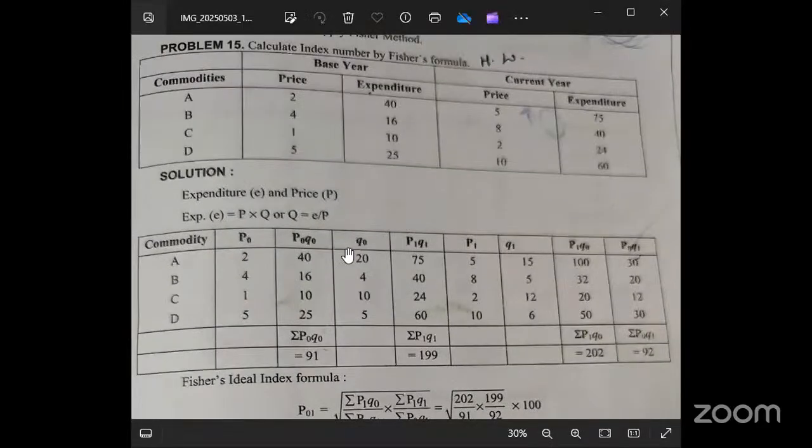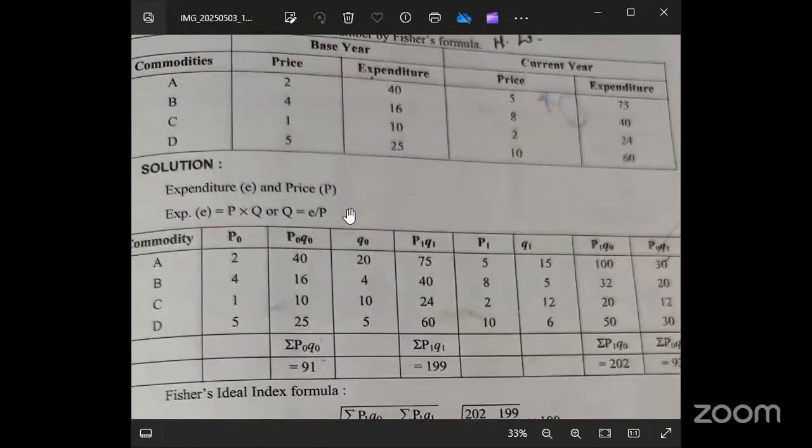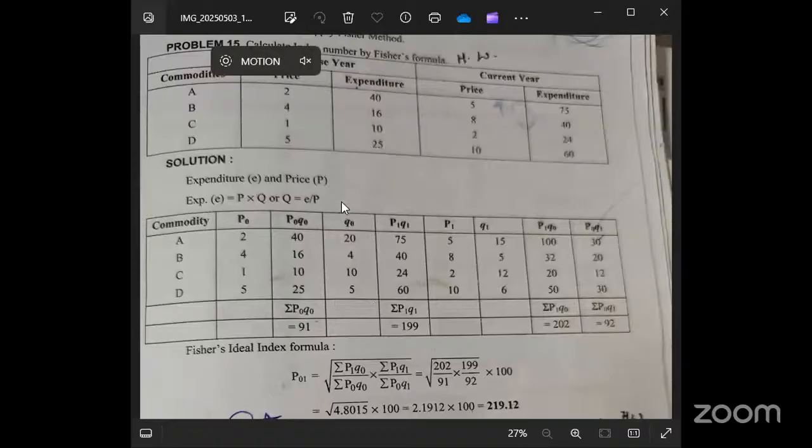So what is the problem here? Here they have not mentioned the quantity. They have mentioned expenditure. So what do we need to do if it is expenditure? Nothing.